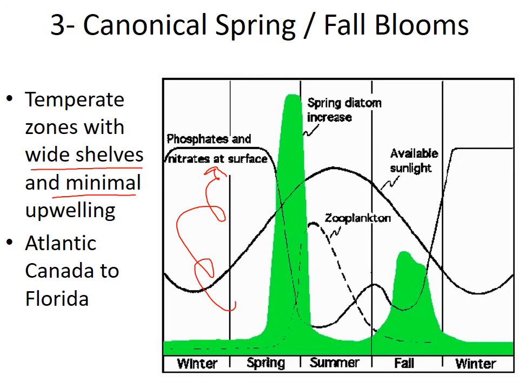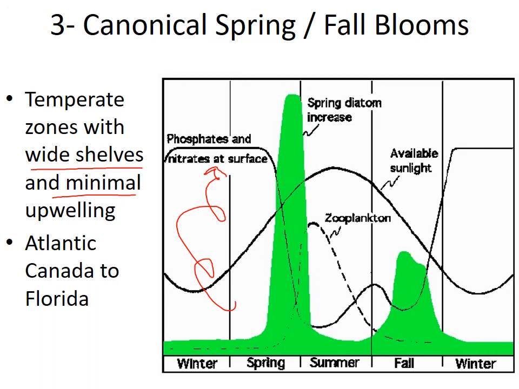So you have this wintertime where you've got a lot of nutrients but no big algal productivity because of a lack of sufficient light, and then you get the spring bloom, but the season is long enough that the spring bloom depletes the nutrient levels, and so the bloom declines, but then there's a secondary bloom in the fall.